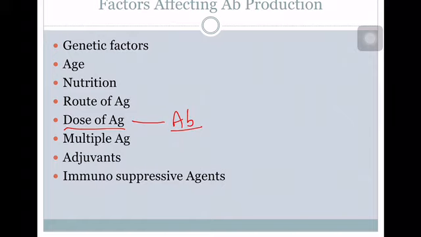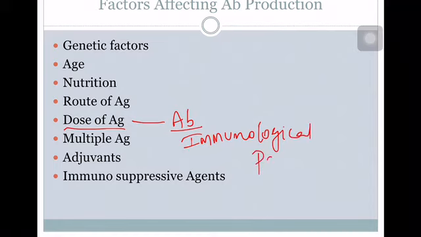A very high dose or a very small dose that fails to stimulate the immune system is called immunological paralysis.